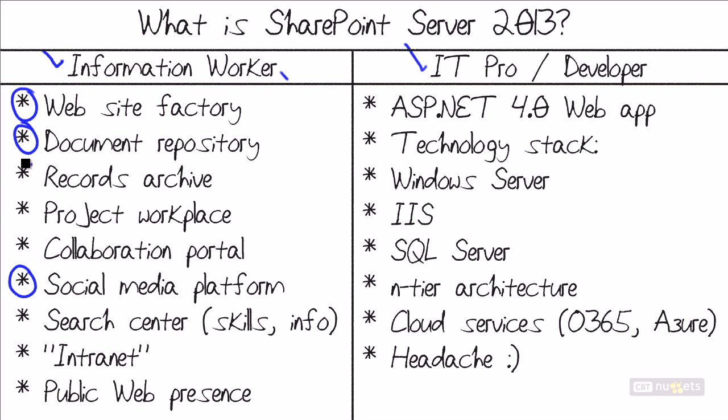SharePoint can serve as an archive of records, can be a project workplace, and a place where work teams can collaborate and share information with each other, keep track of task lists, to-do items, documents, forms, workflows. You can check your Outlook email through SharePoint.